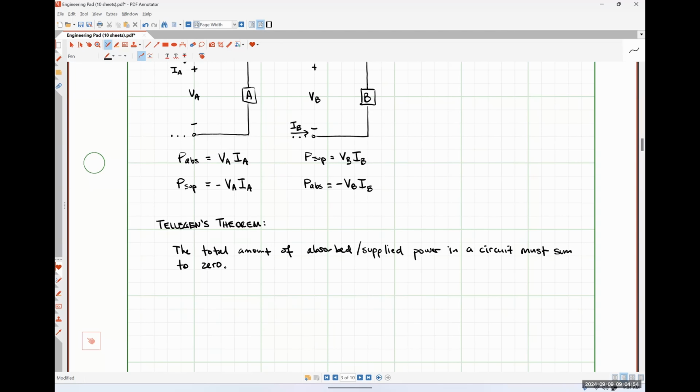So if we compute only absorbed powers, all of them have to add together to 0.